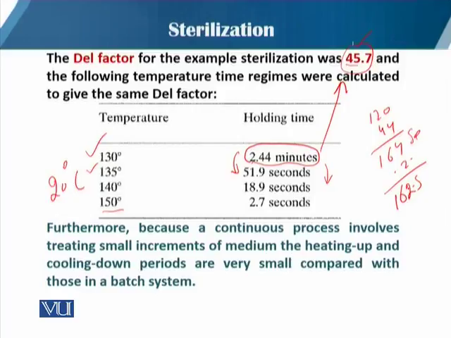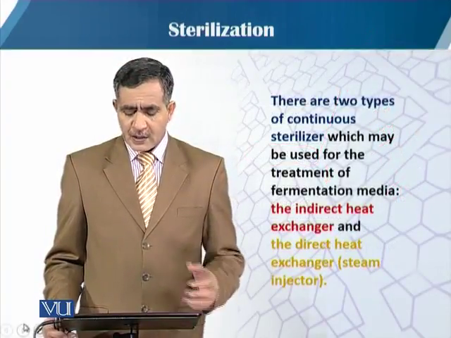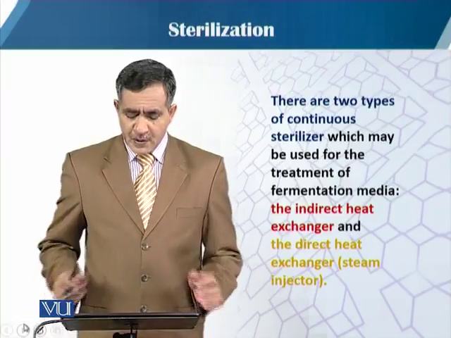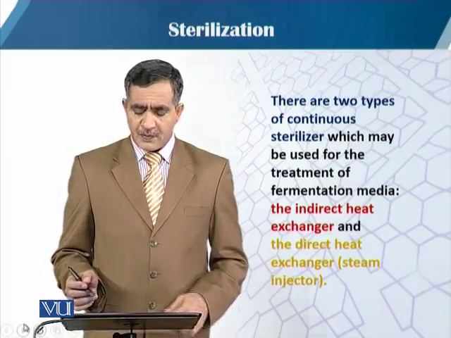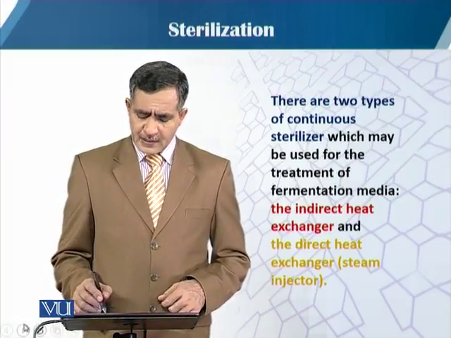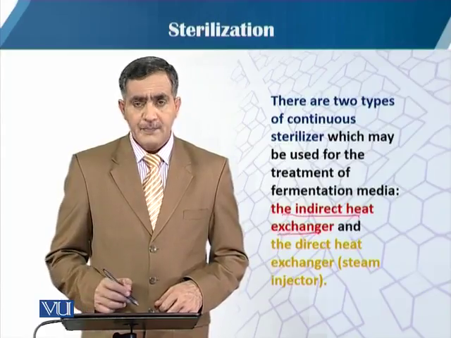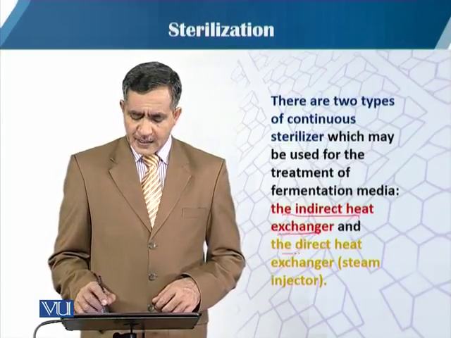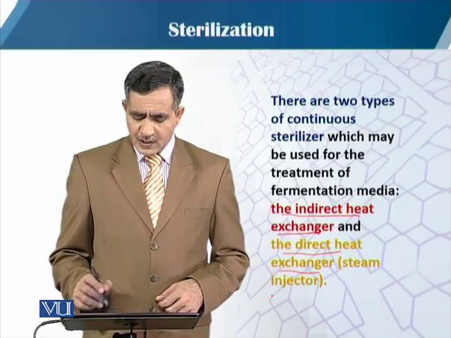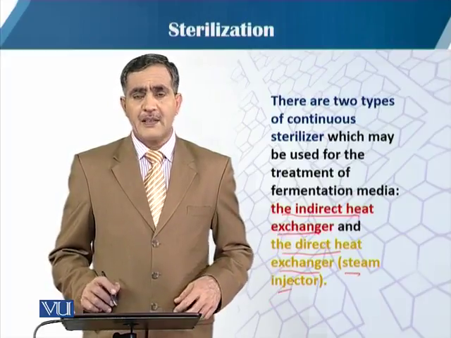In this continuous sterilization process, there are two types of heat exchangers which may be used for the treatment of the fermentation medium. One is the indirect heat exchanger, and the other is the direct heat exchanger, which we call a steam injector.